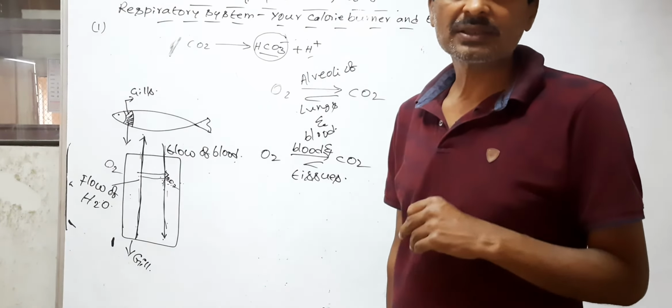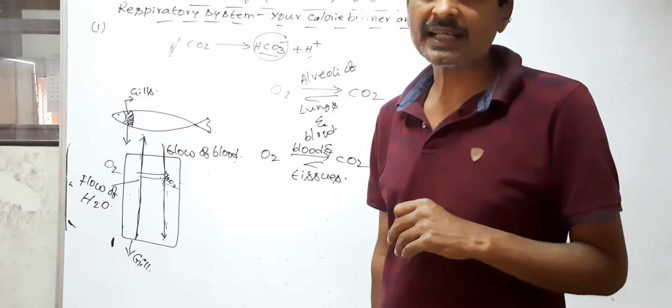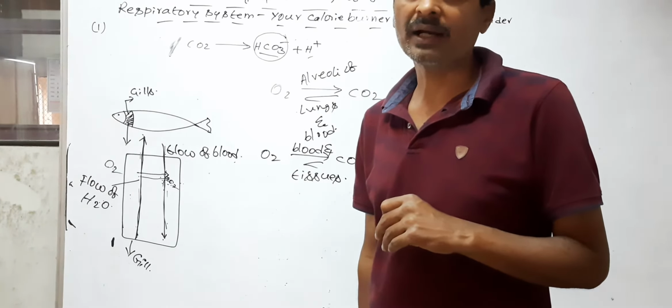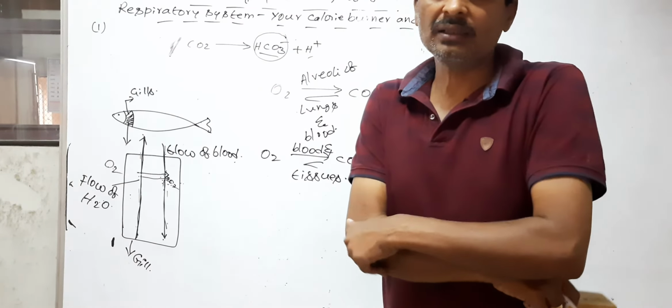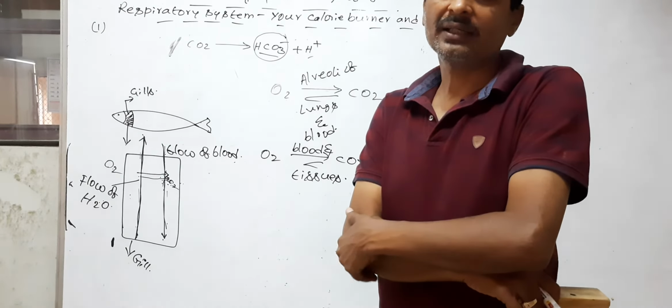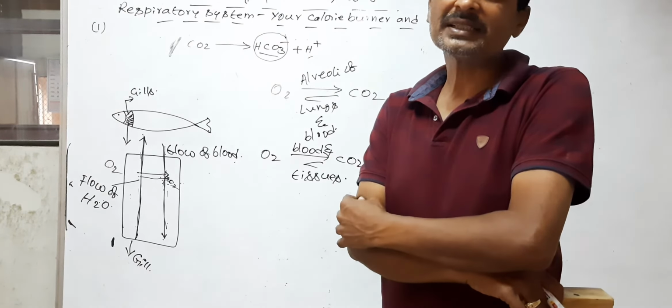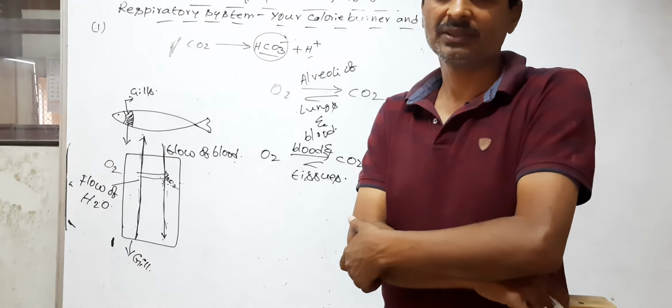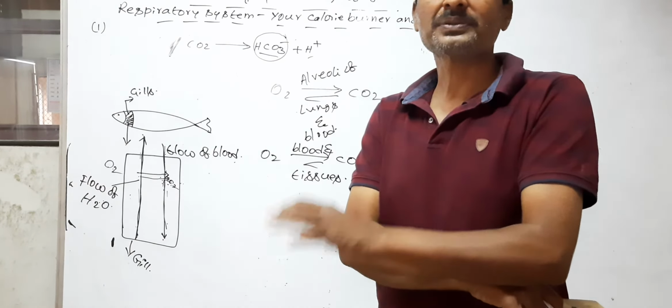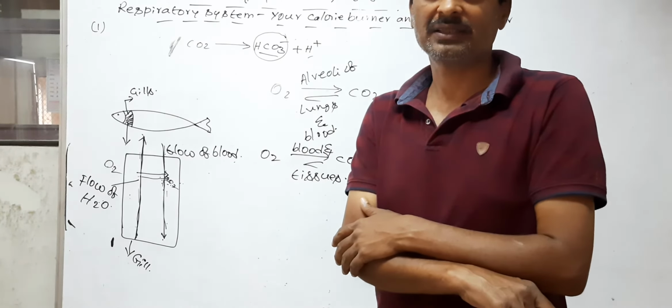Next, the birds develop air sacs and parabronchi in their respiratory system. We already discussed air sacs in the birds in first year syllabus. So birds develop 9 air sacs.